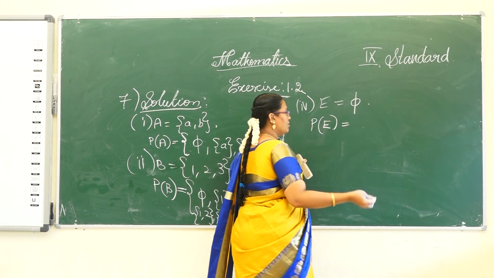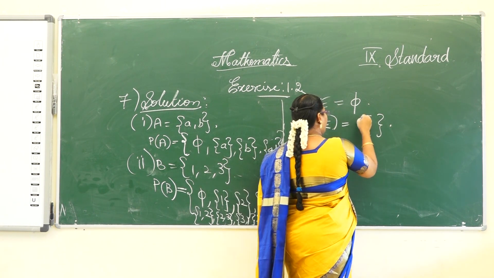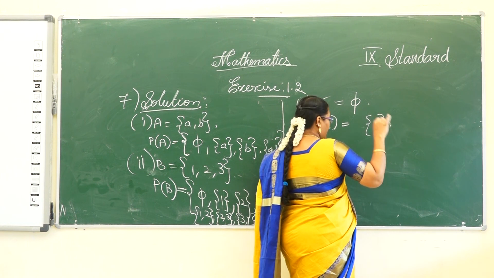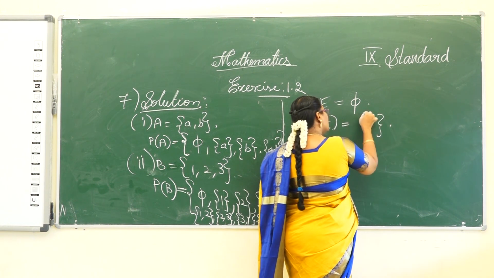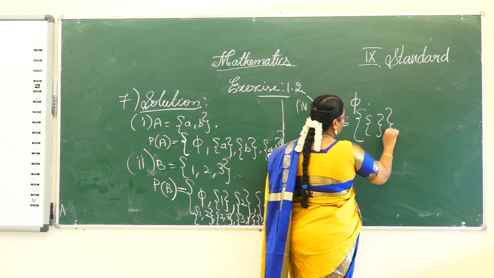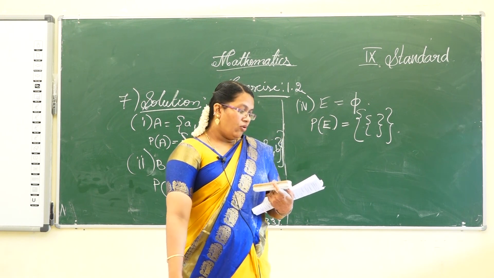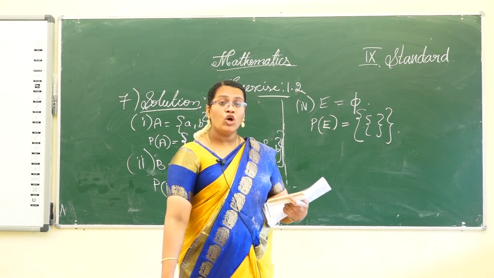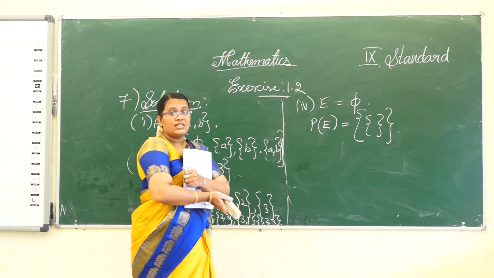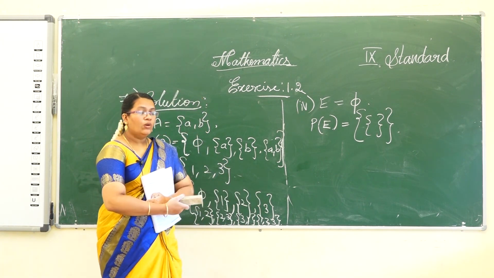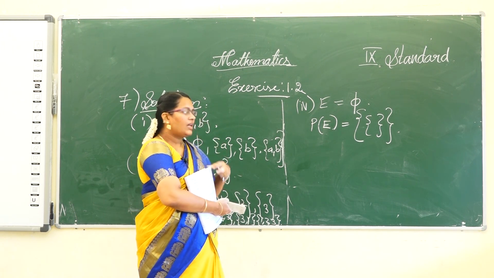It is already a null set. We want to write the subsets of a null set. The subset of a null set is also the null set. So the power set is the null set written in the set bracket. That's it, that is the answer for the fourth one. I hope you all understand the concepts and exercise problems. If you have any doubt, ask me, I will explain. Okay, thank you students.